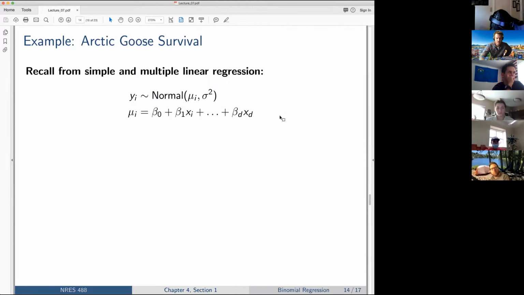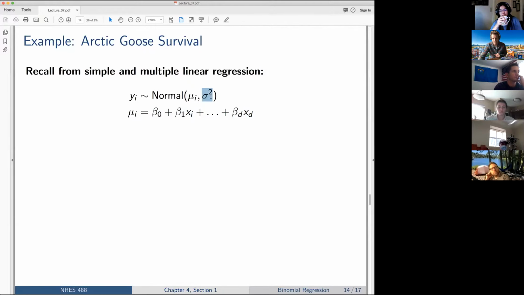Before, yi's could be any value between negative infinity and infinity, and this model would work. So this should be familiar by now, where we assume yi comes from a normal distribution with a mean, or an expected value, described by mu i. And this mu i depends on the covariates that we're interested in.